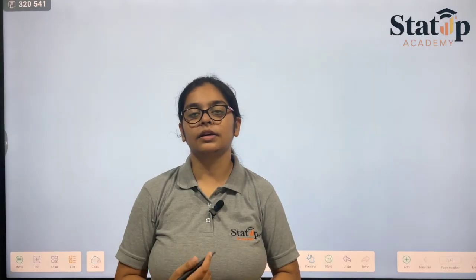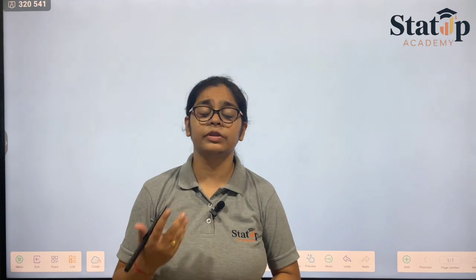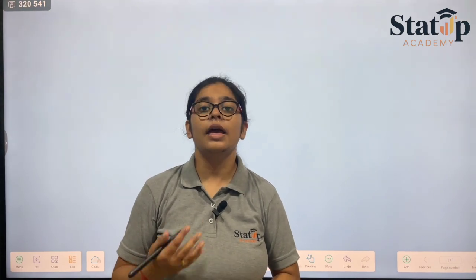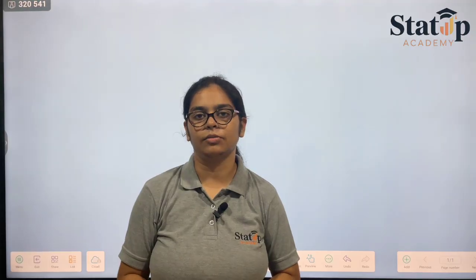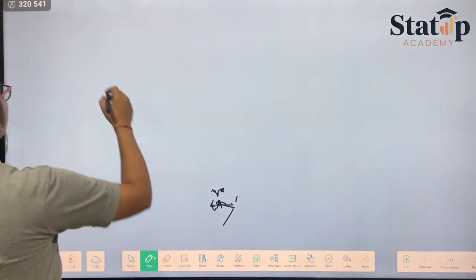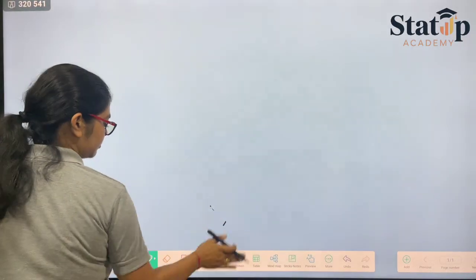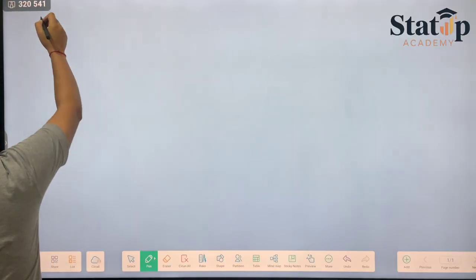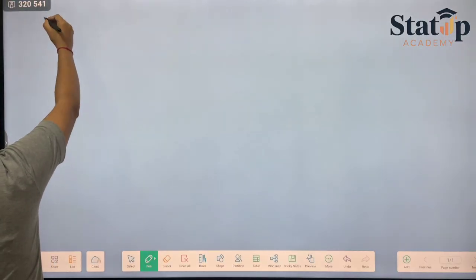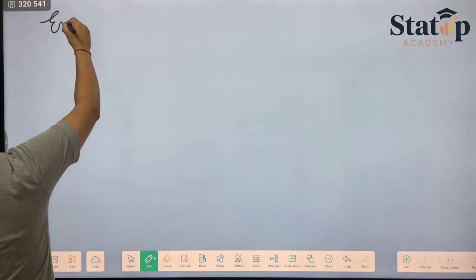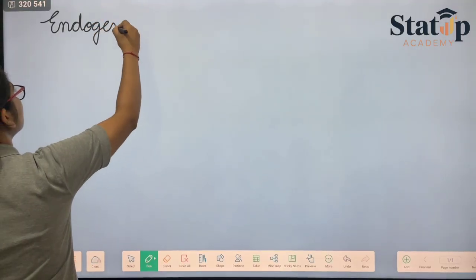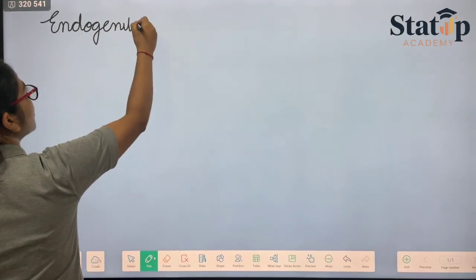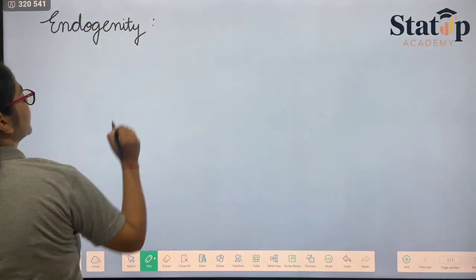That is, it does not give us the right estimator, and there is some defect present in the model. Now, we have the fourth, which is endogeneity. What is endogeneity?